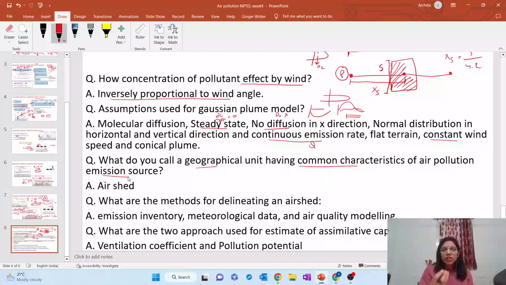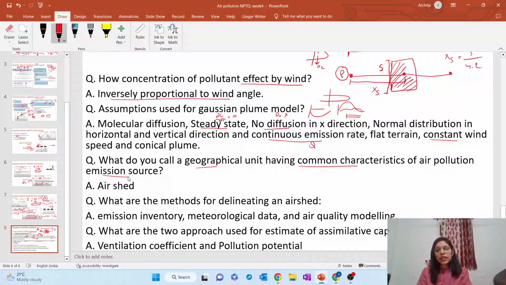Airshed means that, let's say you consider an area where you have multiple air pollution measurement devices, and the results that are coming are almost similar, and the meteorology around it is also similar.